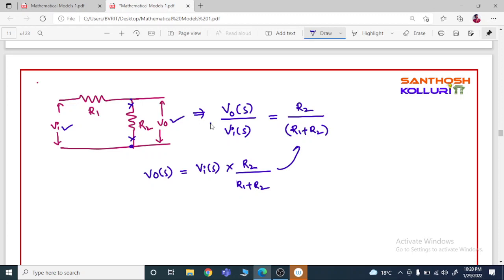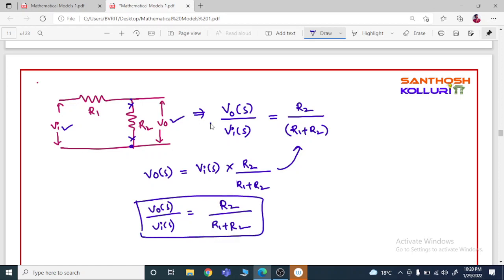So from this formula it has been derived. Transfer function can be written as Laplace transform of output by Laplace transform of input, which is R2 by R1 plus R2. So this is the way to find out the transfer function for an electrical system.